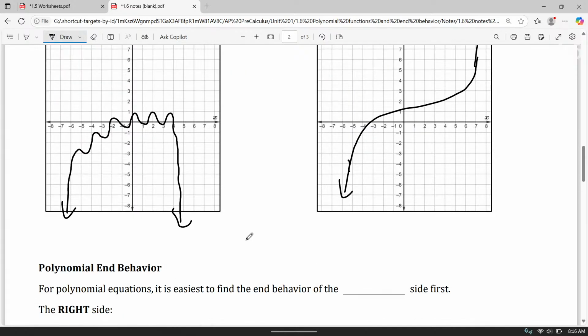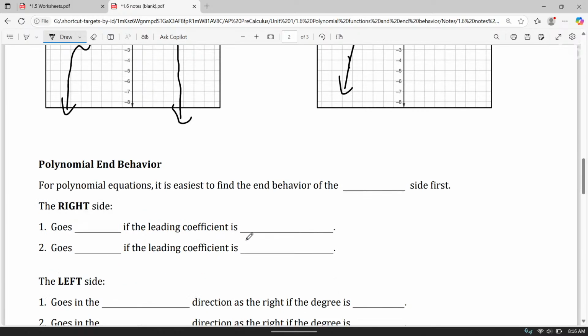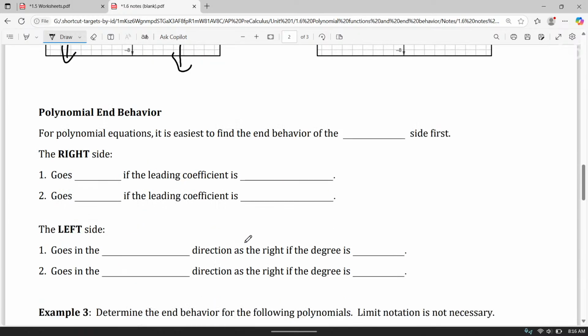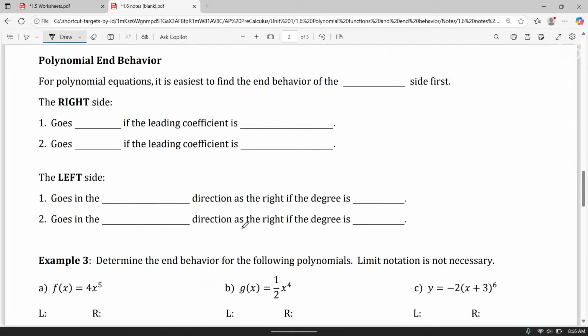Y'all recognize all this stuff good? Same terminology. Y'all done all this before. For polynomials, it's easiest to find the end behavior. They're both easy. For the polynomial, it's easiest to find the end behavior of the, I don't know.